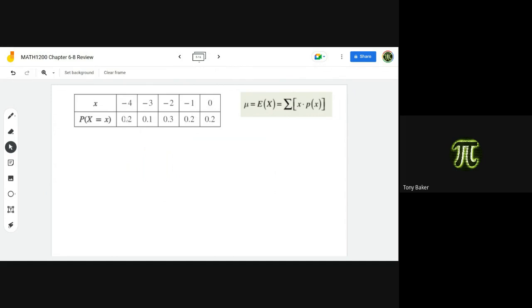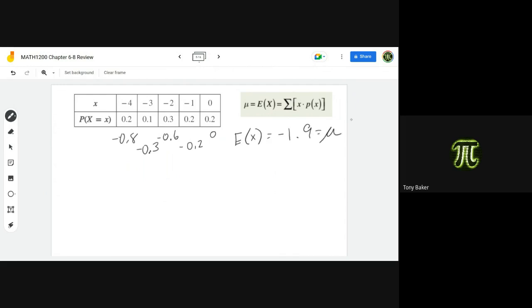So -4 times 0.2 is -0.8. -3 times 0.1 is -0.3. -2 times 0.3 is -0.6. 1 times 0.2 is 0.2. And then 0. And then add them up. So my expected value is -1.9.